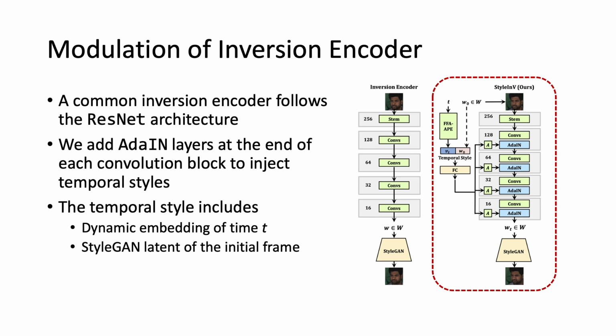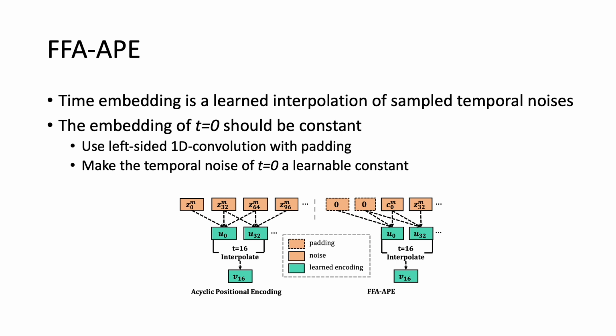We can see that the modulated inversion is also an animation process of the initial frame. Thus, we need to reconstruct the initial frame when t is 0. To achieve it, we incorporate first-frame-aware features into acyclic positional encoding and sparse training. For the acyclic positional encoding, it's necessary to fix the encoding of time 0 to avoid randomness in the reconstruction step.